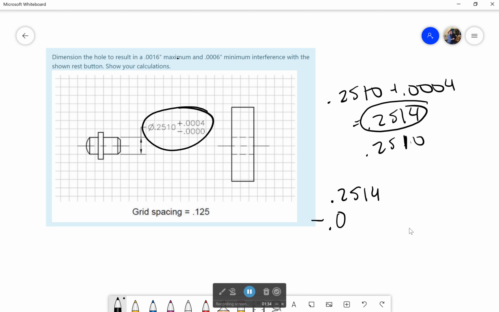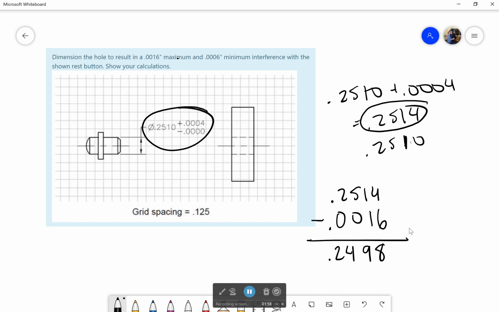So minus 0.0016. And what do I get? Well, if I do my math correctly, which is never a given, I will get 0.2498. So that would be the smallest hole I could have. Any smaller than that, I would have a larger interference if we had that worst case scenario.